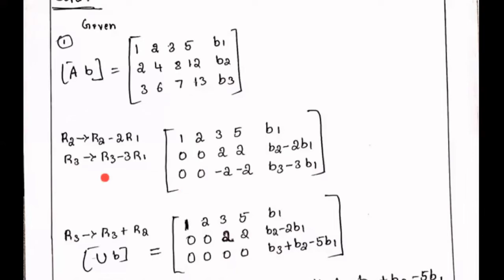Then 6 minus 3 times 2, 6 minus 6 is 0. Then 7 minus 3 times 3, 7 minus 9 is minus 2. And 13 minus 3 times 5, 13 minus 15 is minus 2. Similarly b2 becomes b2 minus 2 times b1, and b3 becomes b3 minus 3 times b1.